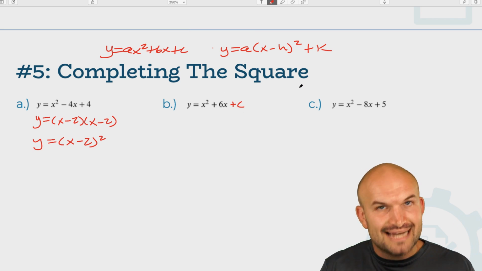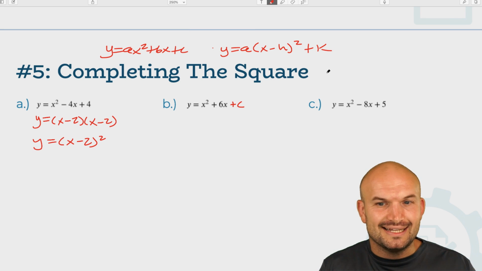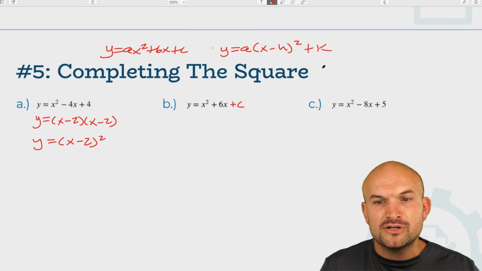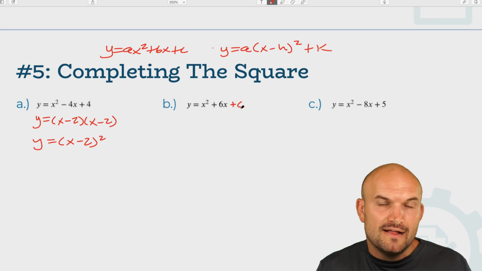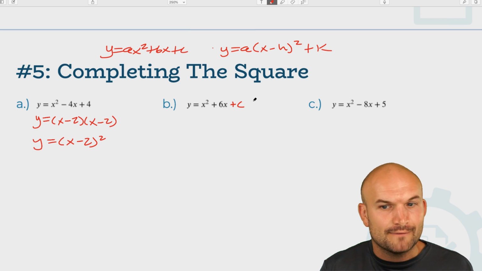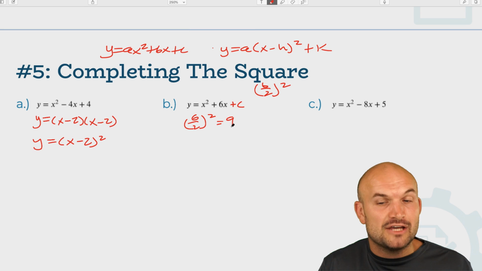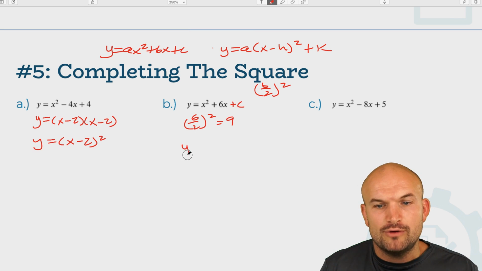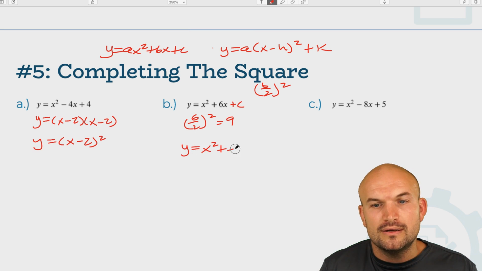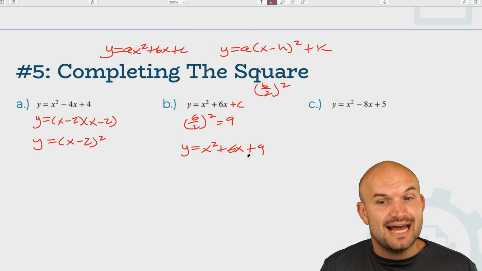Most students cannot do this in their head, so they kind of need a little formula to remember to find this value c that creates a perfect square trinomial. And that little formula is b divided by 2 squared. So if we took 6 divided by 2 and squared it, we would get 9. So 9 is the value that creates that perfect square trinomial. So y equals x squared plus 6x plus 9.